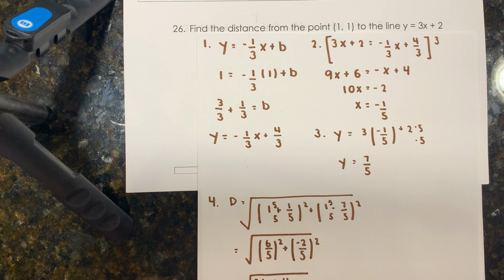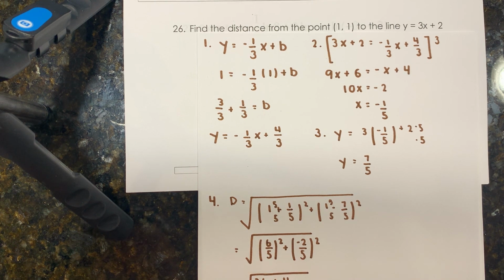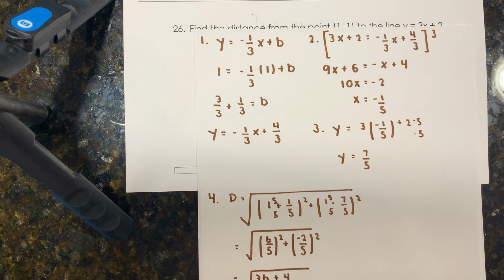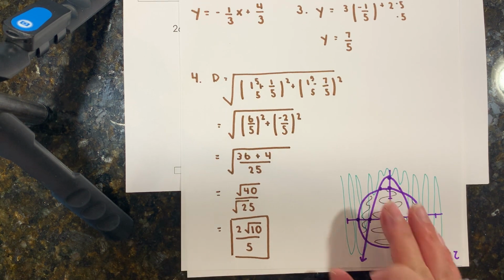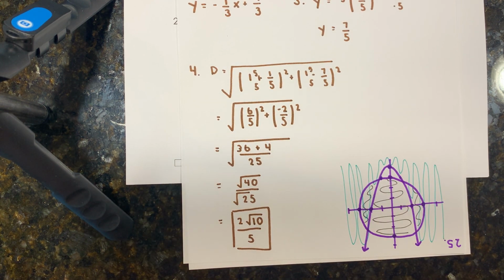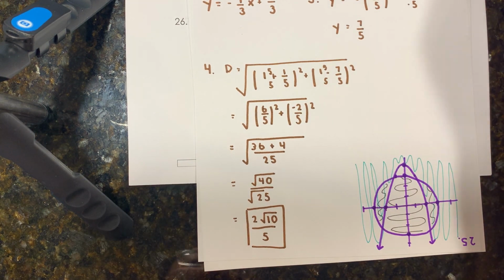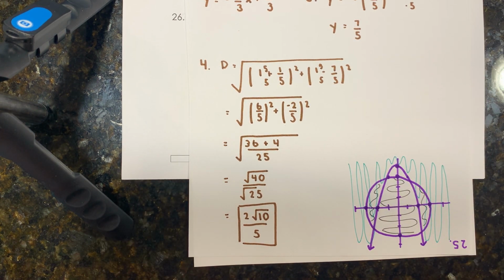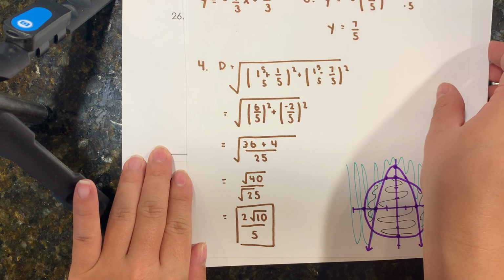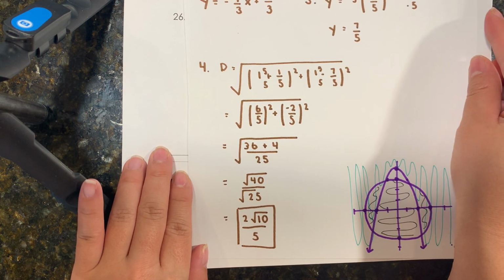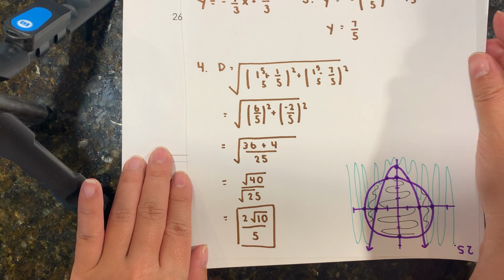And the square root of 40, we can simplify to 2 square root 10 over 5. That should be the square root of 25. And that is going to be your result for number 26. I'm sorry, I kind of cut off that bottom of it. I'll leave it up there for a second. So just simplifying all of that, it's a very tedious process, obviously.